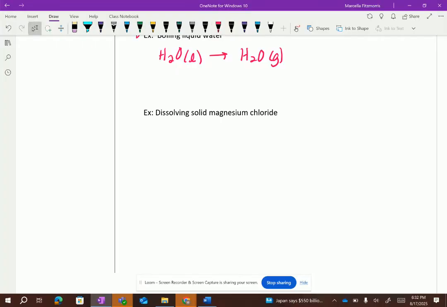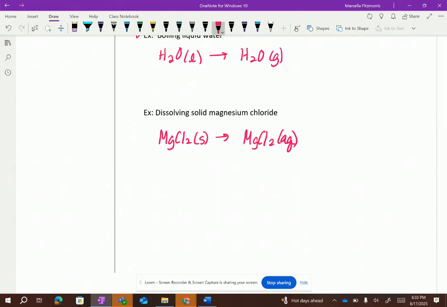Second example, magnesium chloride can be solid, and I can dissolve it in water, making it aqueous. But MgCl2 is still MgCl2.